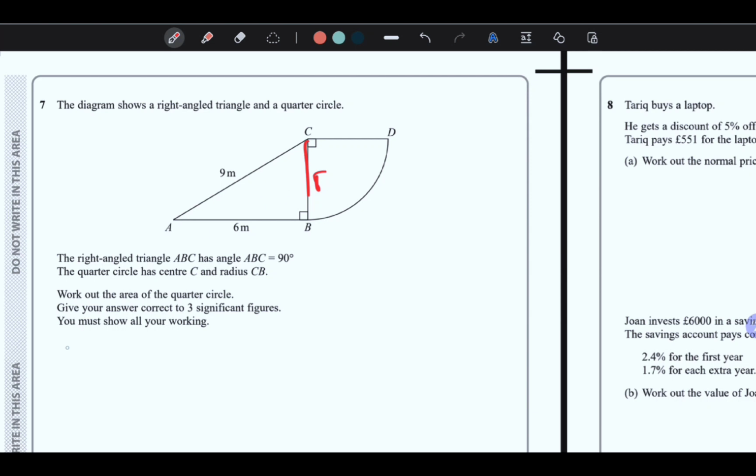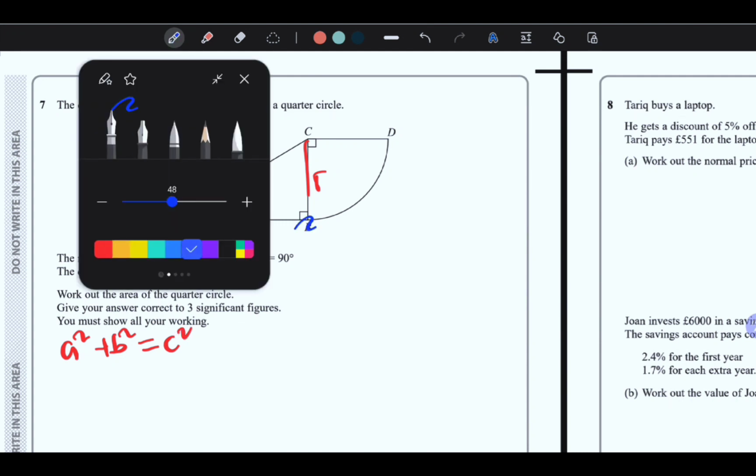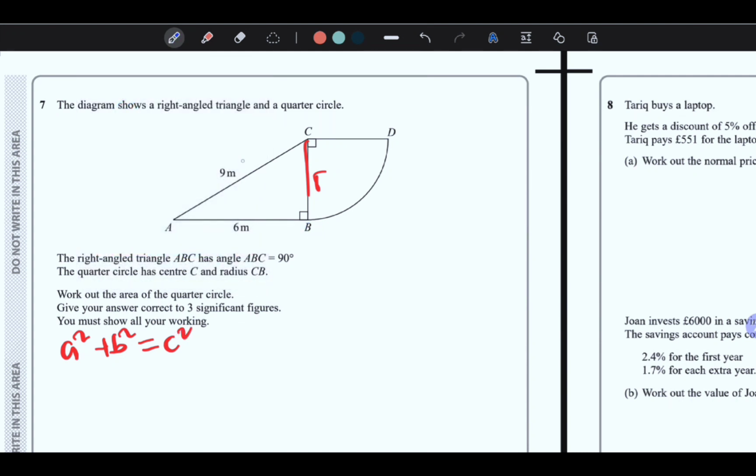So we know that A squared plus B squared equals C squared. If I just go ahead and label these, this is going to be C, this is going to be A and B. So the A here is the R. Okay, so now we work that out. We know that the hypotenuse squared, so 9 squared, should be equal to R squared plus 6 squared.